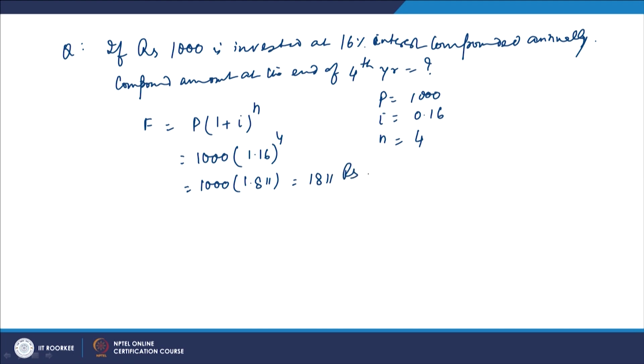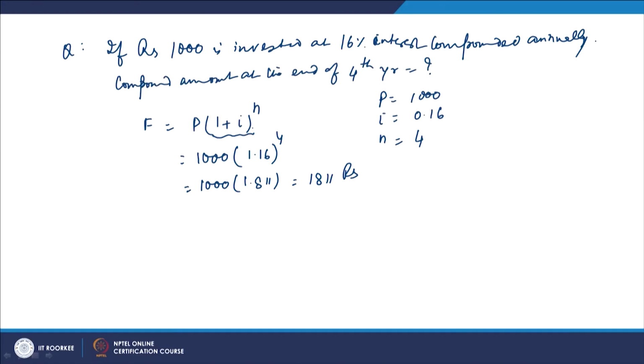The factor (1 plus i) raised to the power n is the single payment compound amount factor, and multiplied with 1000 you get 1811 rupees.